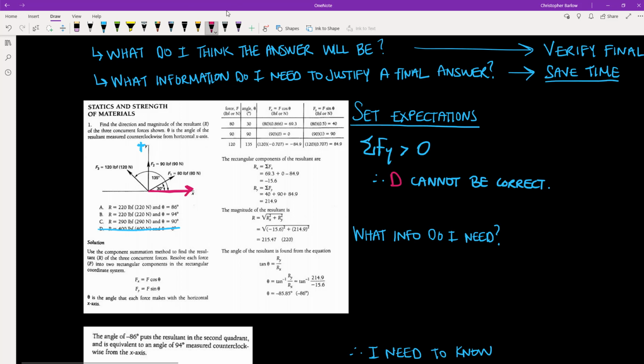So now our choices are B, C, and A. And let's try to visualize these three answers. A has an angle of 86 degrees, and so it would be somewhere there. B has an angle of 94 degrees, so it would be past our vertical axis, somewhere out here.